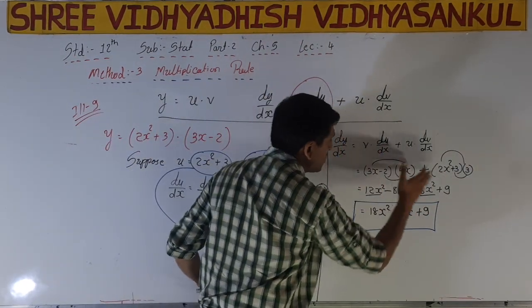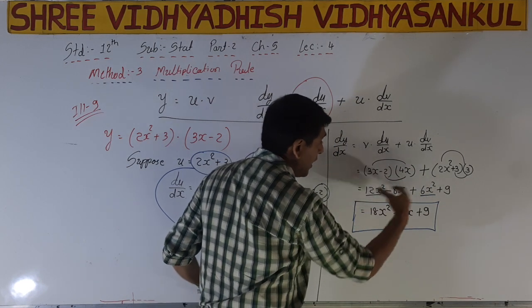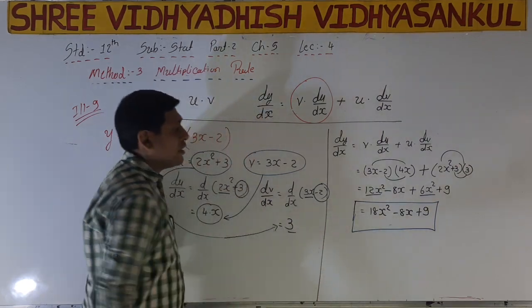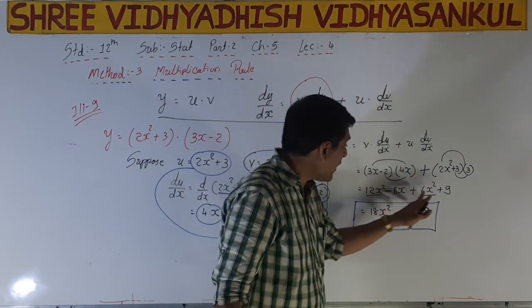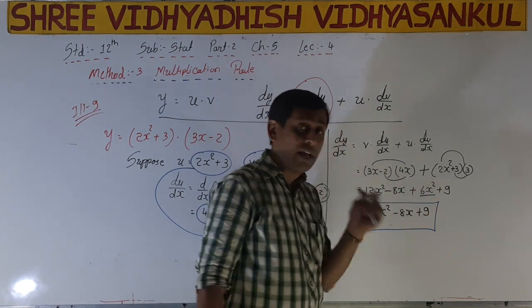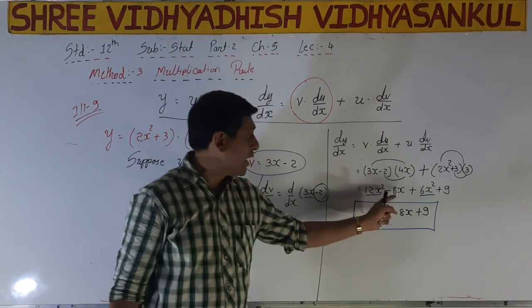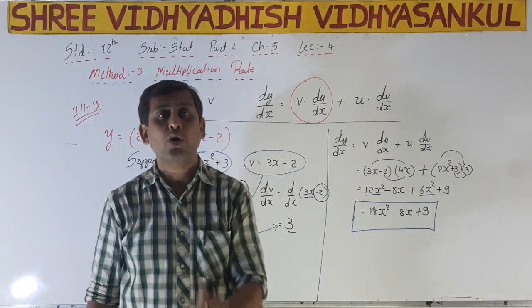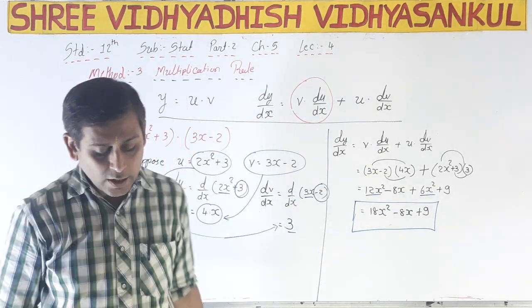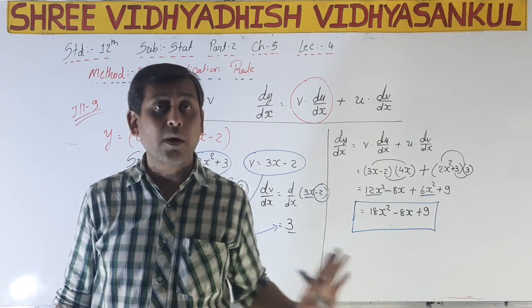So here I simplify, or you can say open the bracket and simplify, and this is your final answer. 12x square plus 6x square, that is 18x square, then minus 8x, then plus 9. That is your final answer. So illustration number 9 of 2 marks is complete.